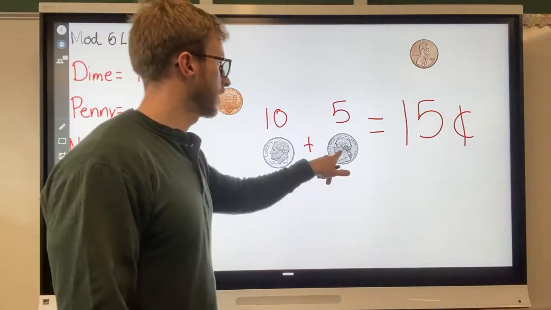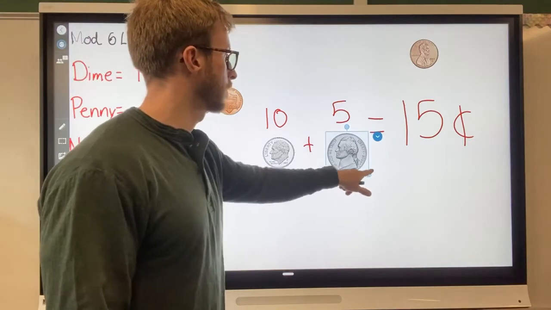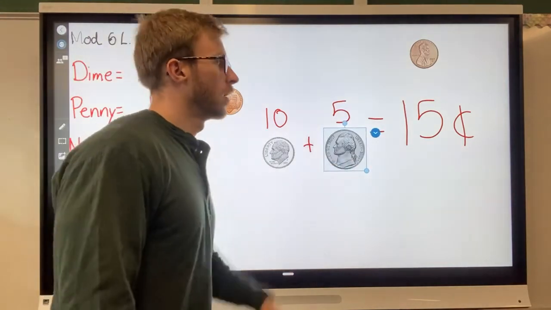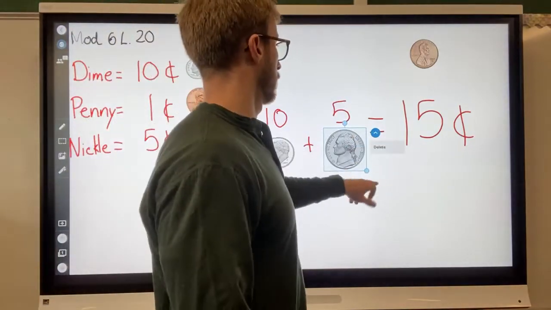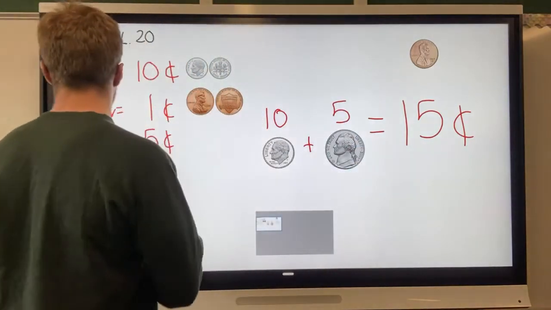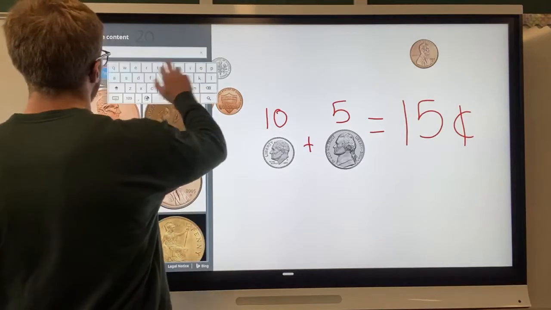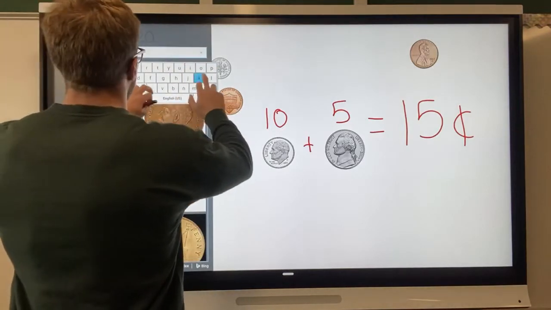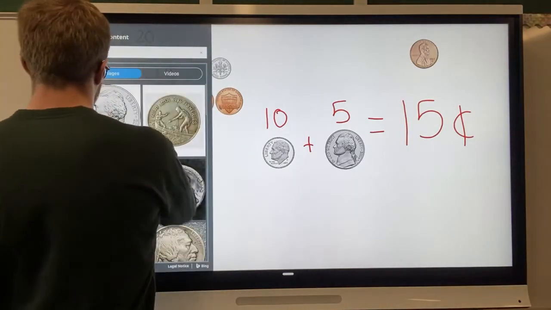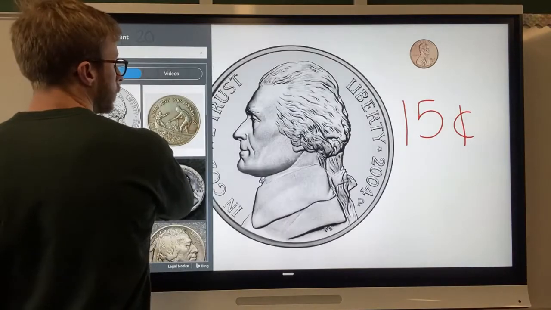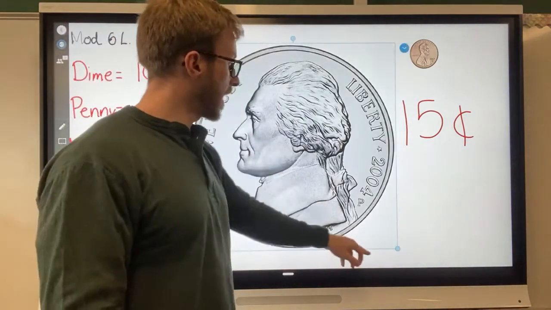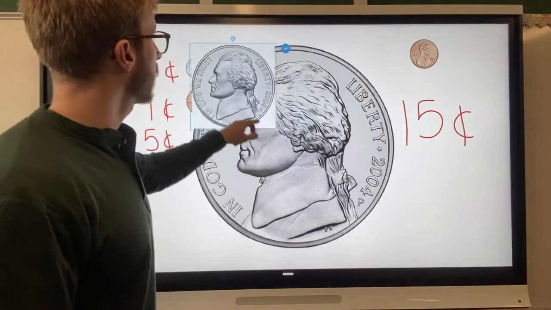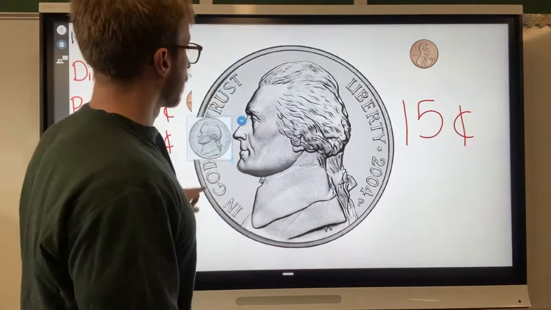Other than a 10 and a 5. I'll make this a little bit bigger so it looks like a nickel. I can get 15 another way. Let's get more nickels. Hold on, give me 1 second. Boom. And boom. Okay, now I have some more nickels. I know that I can get to 15 by counting by 10 and then adding a 5.